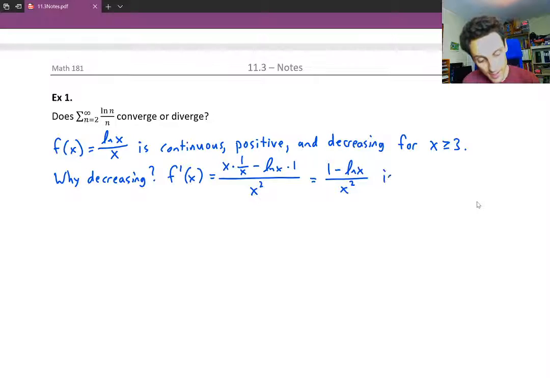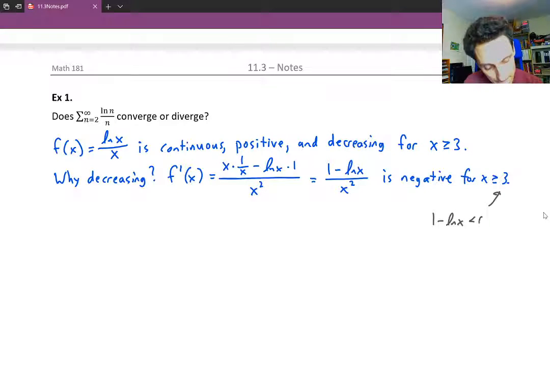Now this is going to be negative for x greater than or equal to 3. The reason is, first off, the bottom x squared is positive, so it's only when 1 minus ln x is negative that we're going to get a negative first derivative overall. So when 1 minus ln x is less than 0, those are the x values where the first derivative is negative and therefore the function is decreasing.